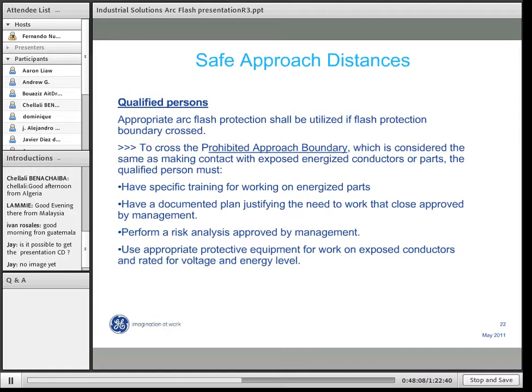Whereas a qualified person can cross the restricted approach boundary, as long as they have a documented work plan and they have the personal protective equipment. They don't go within the prohibited space. So a qualified person can cross the restricted approach boundary.